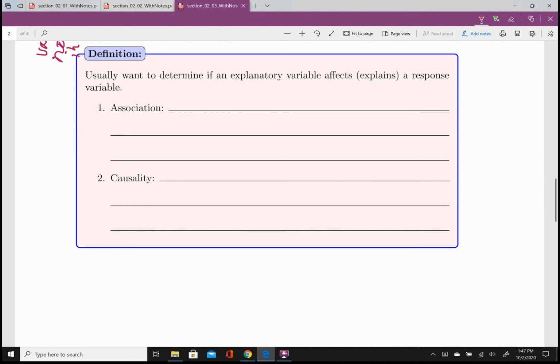Okay, so an association can be seen if the response variable changes as the explanatory variable changes. My bad, let me re-say this.